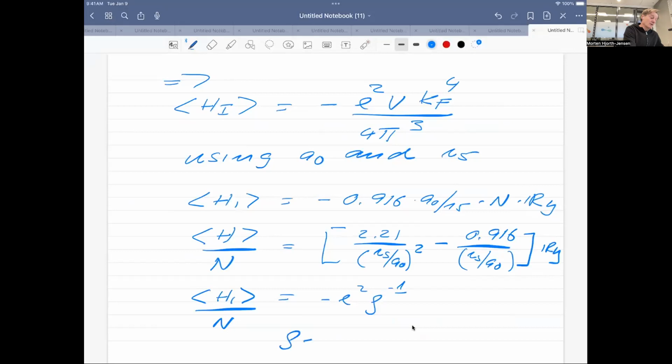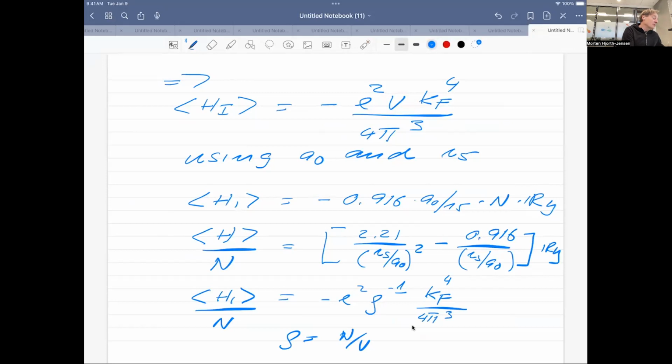Remember now that rho is n divided by V. I have a volume here, so this is just the opposite. So I have rho, and then I have the constants which are given by kF to the power of 4 divided by the constants which we have, 4 pi cubed.